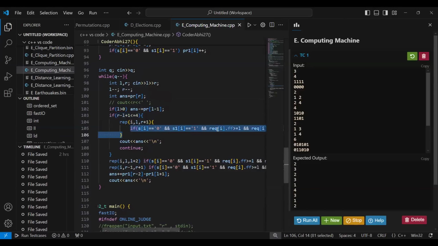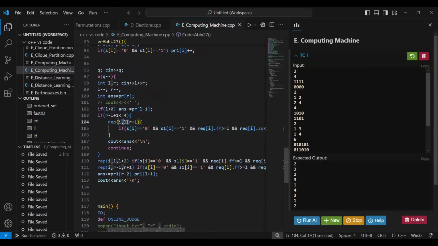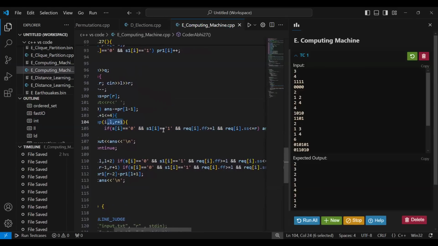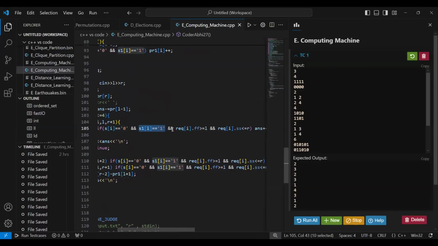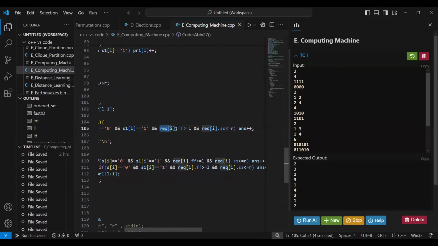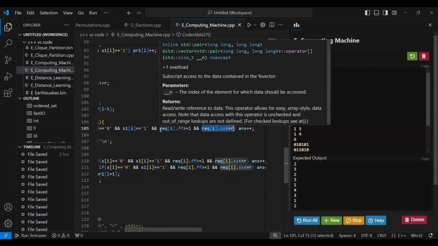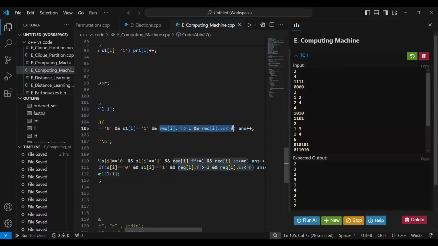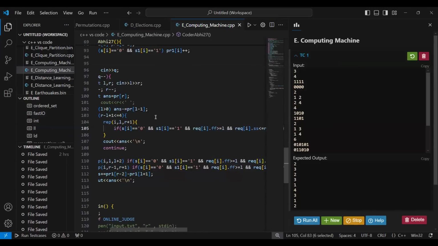And if you check all of them, we would go I from L to R. And if there's a conversion from 0 to 1 and the required left value is greater than L and required right range is less than R, so it means the required range falls between this L and R. If the required range falls in my sub-array range of L and R, then I'll do answer plus plus. Otherwise, I won't do answer plus plus.